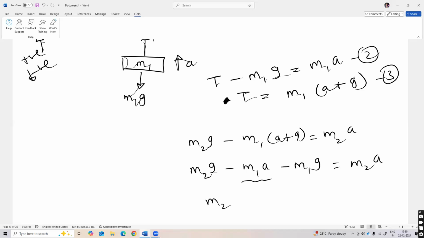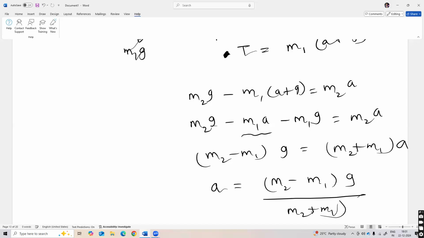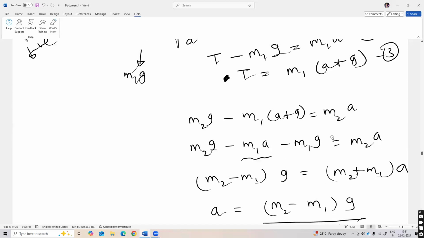So here what we got, (M2 minus M1) G is equal to (M2 plus M1) into A. So the value of acceleration we got is A is equal to (M2 minus M1) times G divided by (M2 plus M1). So this is how we have found out the acceleration.